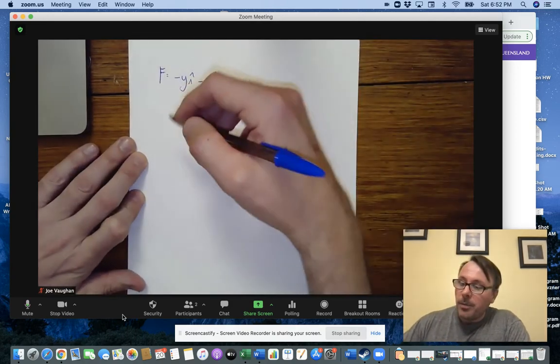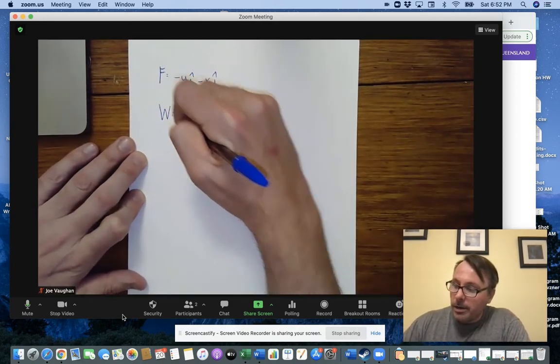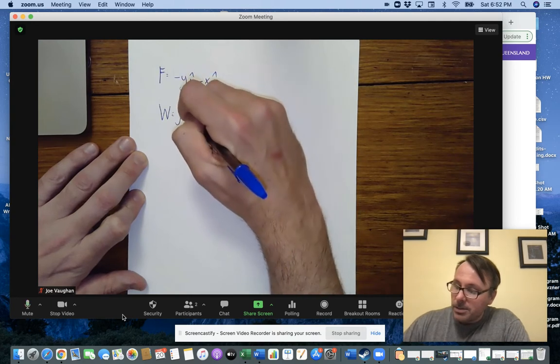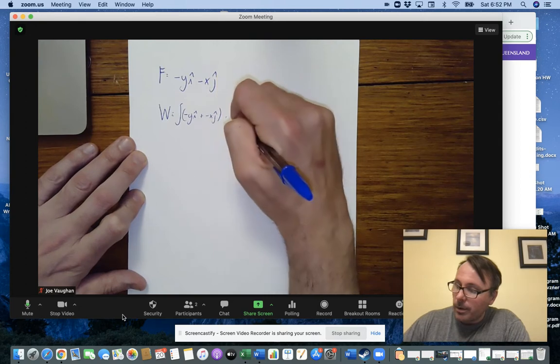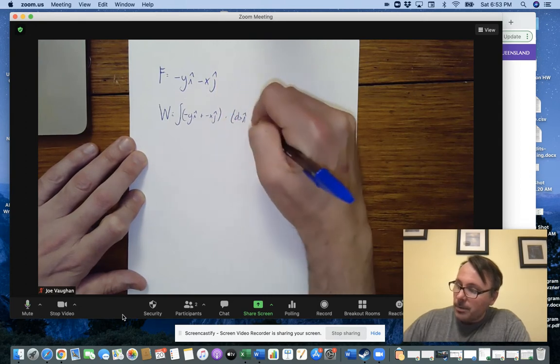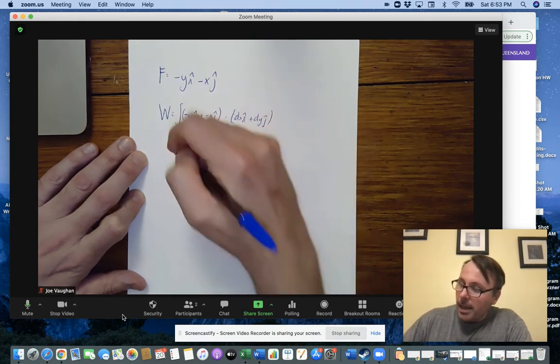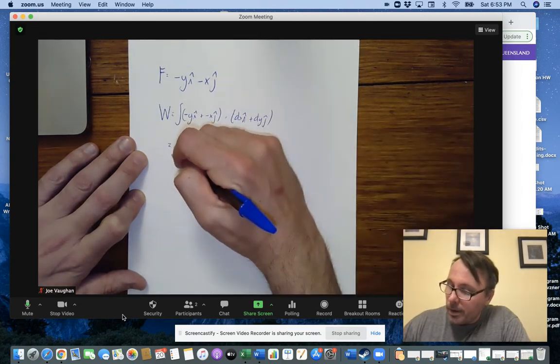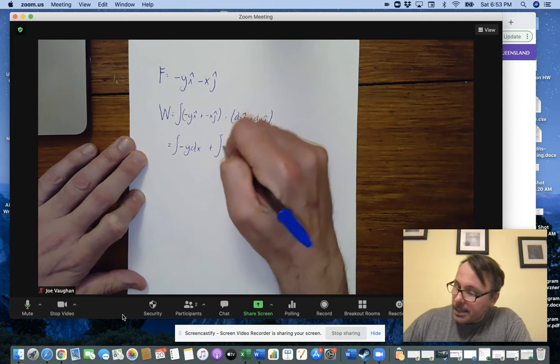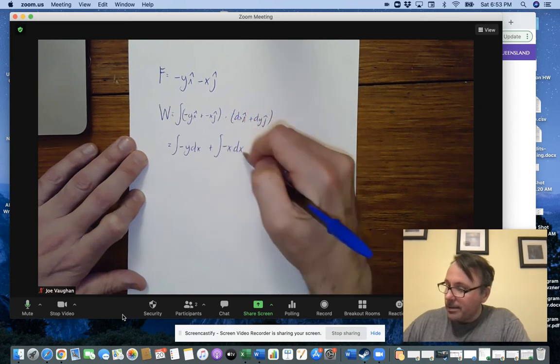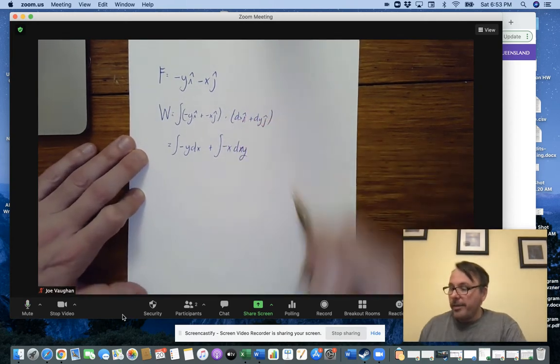So first, let's create our work function that we'll be using. Negative y i hat plus negative x j hat dot with dx i hat plus dy j hat. And then here we go. So what do I end up with? Negative y dx plus negative x dy. That's what we get.